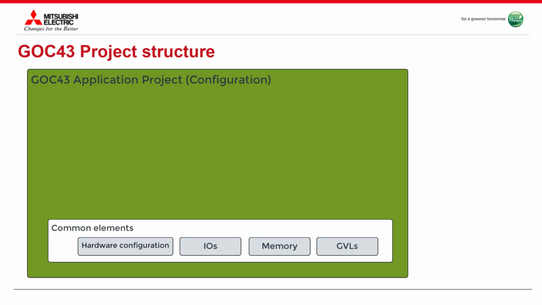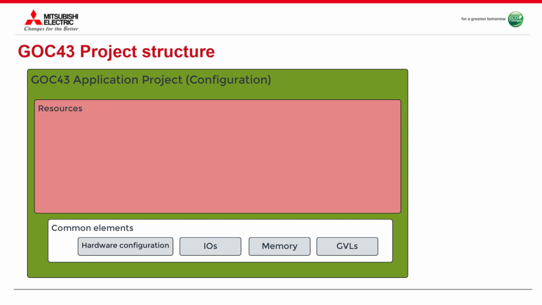Configuration includes common elements like hardware, memory addresses for I/O channels, global variable lists, etc. Within a configuration you can have one or more resources. You can look at a resource as a processing facility or controller that is able to execute IEC programs.